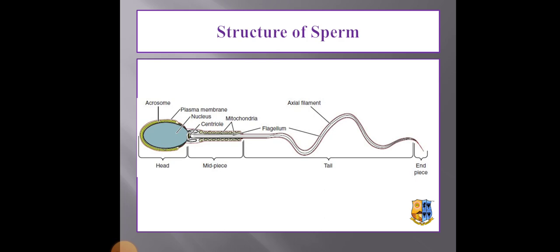Because the ductus deferens is physically accessible within the scrotum, surgical sterilization to interrupt sperm delivery can be performed by cutting and sealing a small section of the ductus deferens.